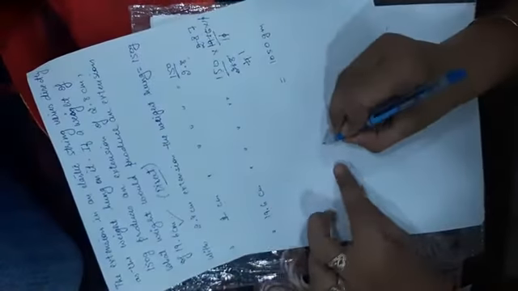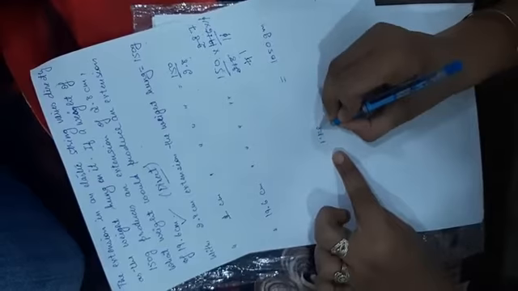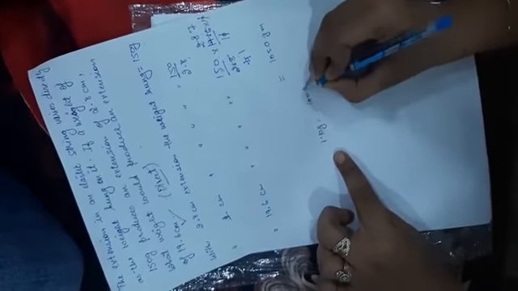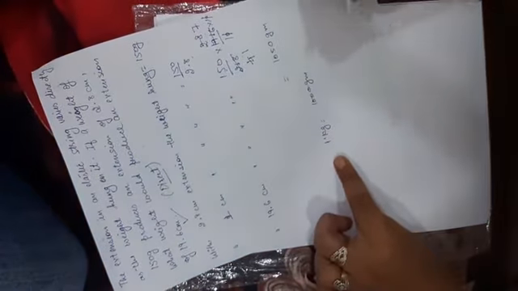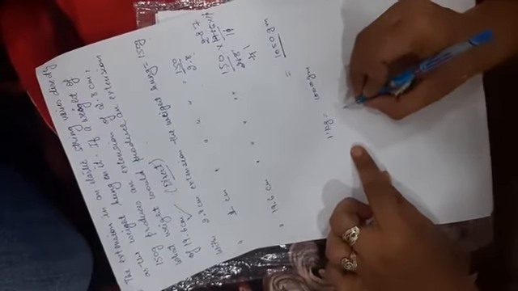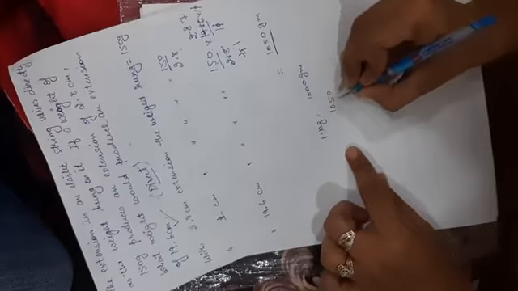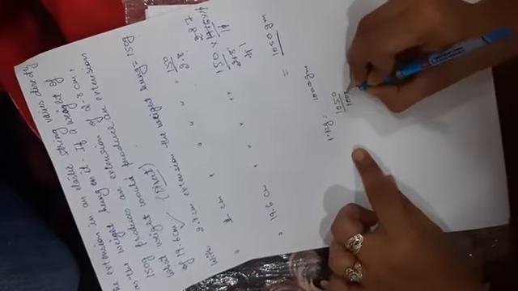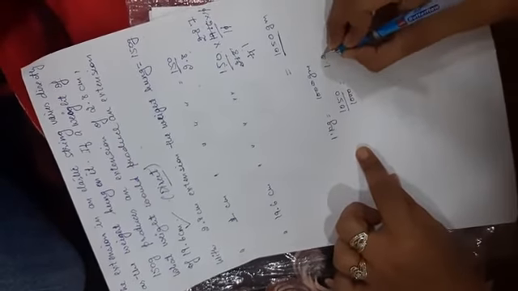You just know 1 kilogram is equal to 1000 grams. So I want to convert it into kilograms. I am going to divide 1050 by 1000, which is 1.05 kilograms. This is the answer.